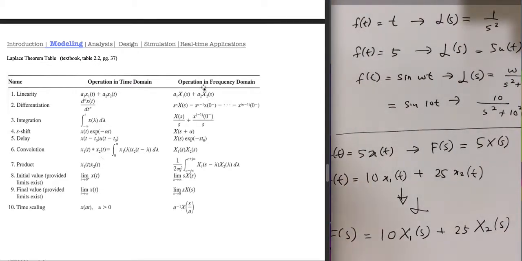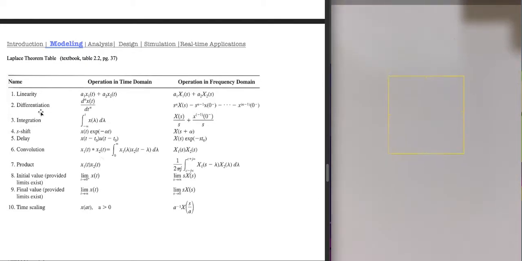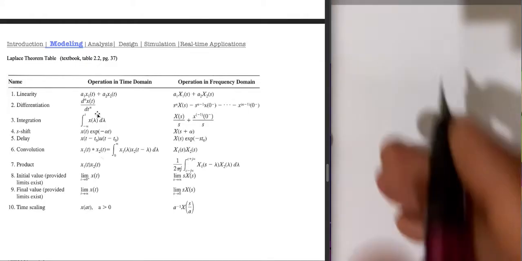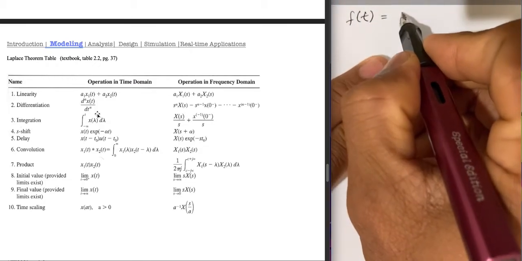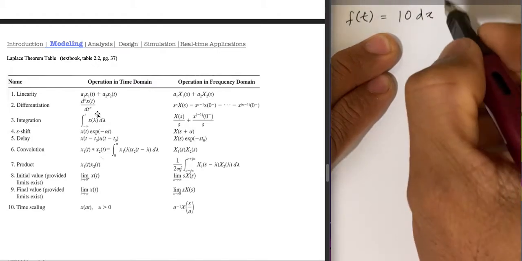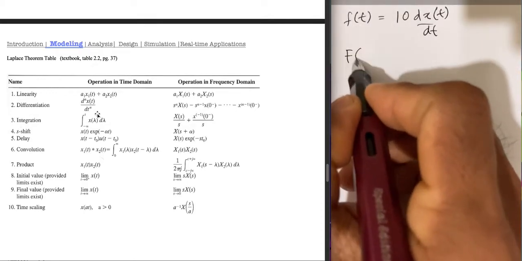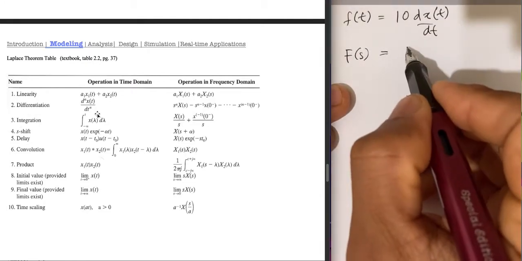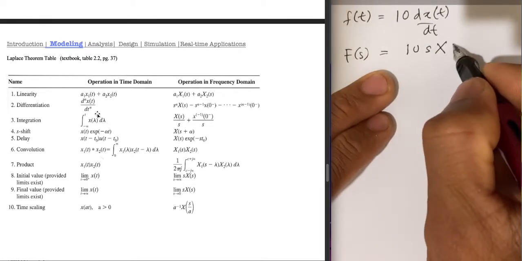All right. Okay, this is for linearity theorems. If we have these terms in our time domain functions, then we can simply convert that. For the differential theorems, if for example we have 10 dx(t) over dt, then we can find the Laplace transform to 10 s X(s).